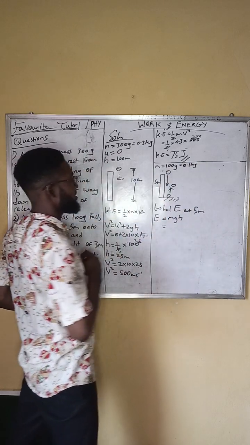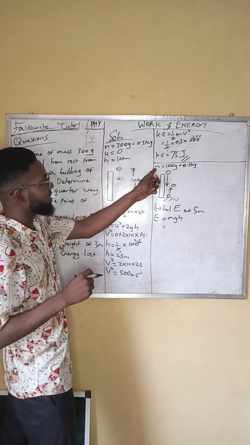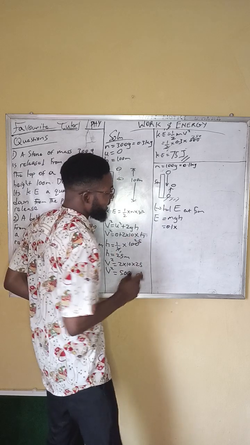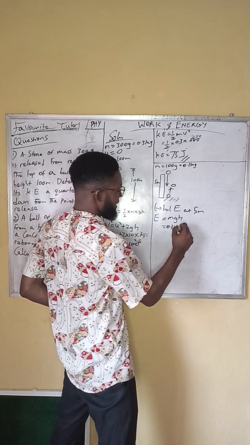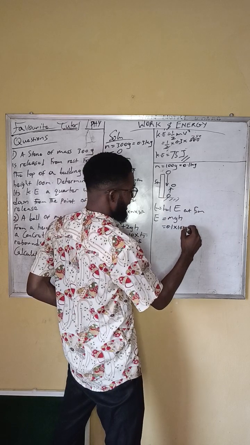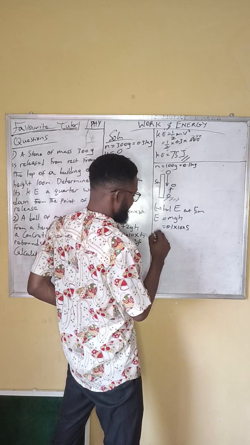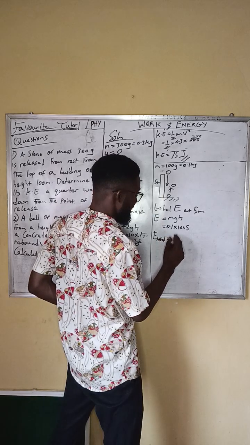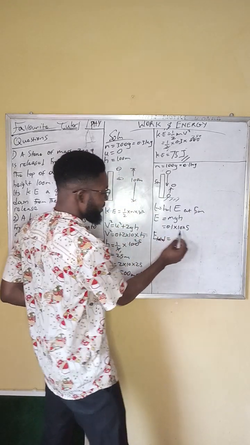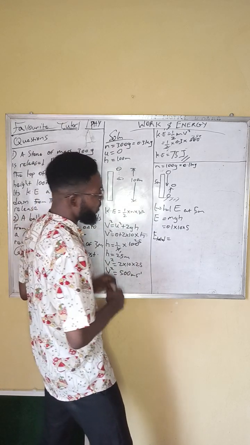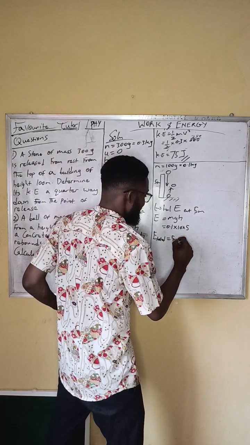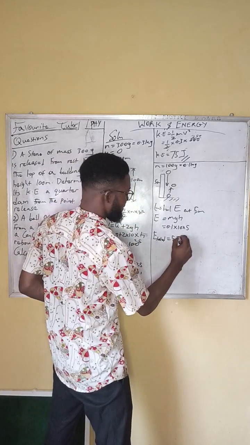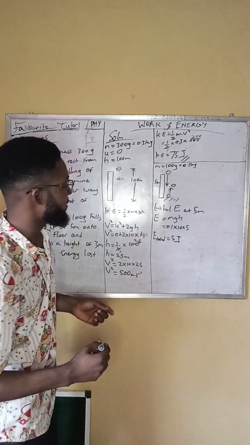The unit for mass is kilogram. G, constant value, we are using 10, times 5. So the total energy at 5 meters is 0.1 times 10 is 1, times 5, which is 5 joules.